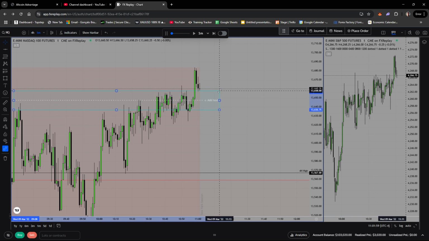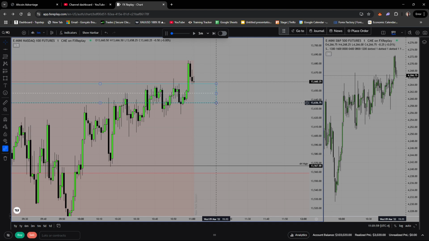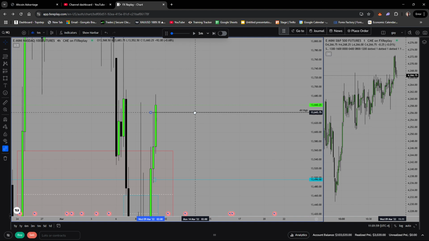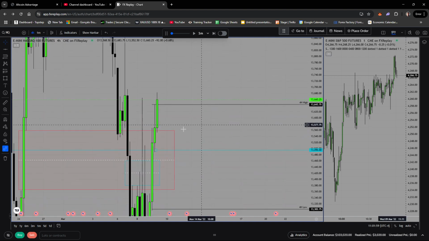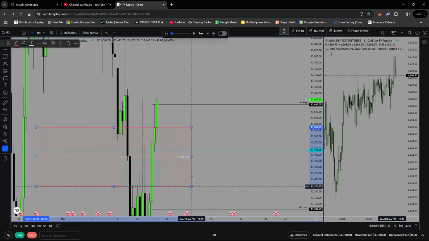Okay, so we have a potential of a very nice setup here. We broke the accumulation to the upside. We've swept the 4-hour high. The new 4-hour high has been swept. This got reinversed. So this is the closest bullish.